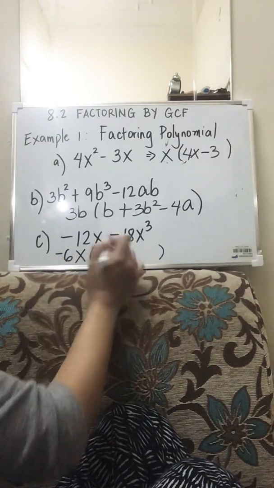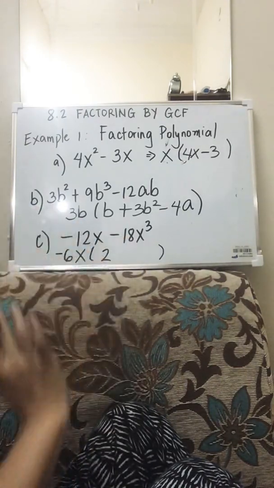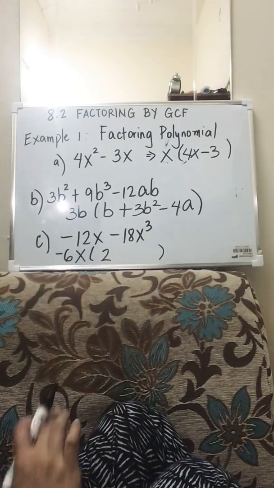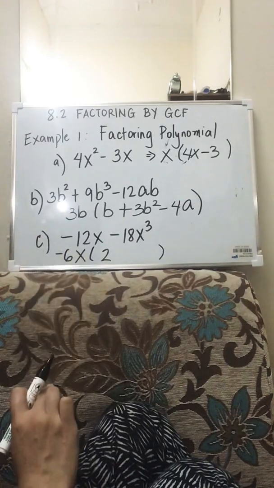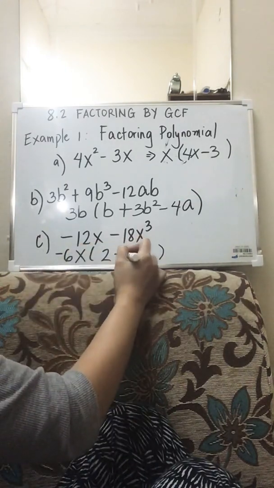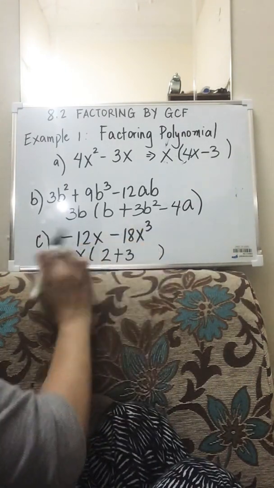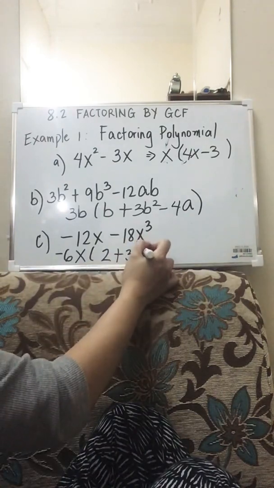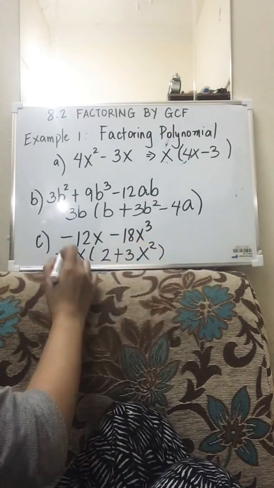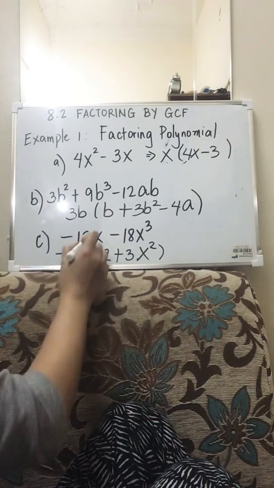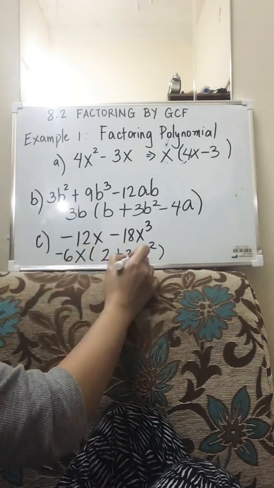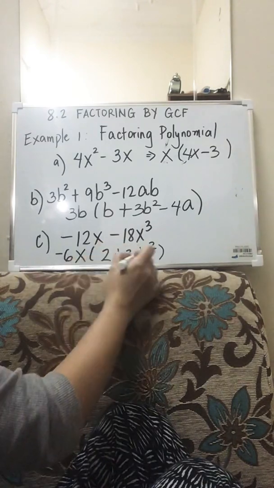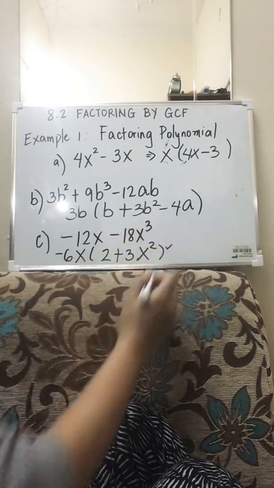Do we need to put x? No need, because x divided by x is 1. Next, we need a negative also here. Negative 18 divided by negative 6 is what? That is 3. x cubed divided by x is what? That is x squared. If you distribute negative 6x times 2, you will get negative 12x. If you distribute negative 6x times 3, that will be negative 18, and x times x squared is x cubed. So this is your factor.